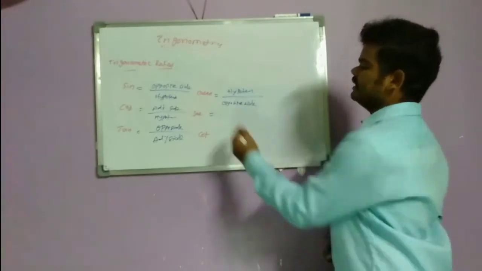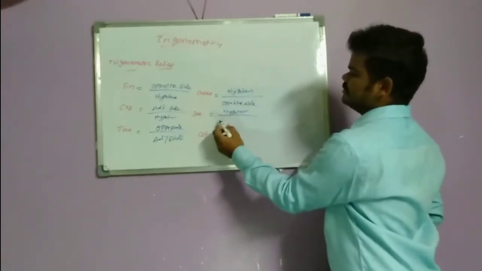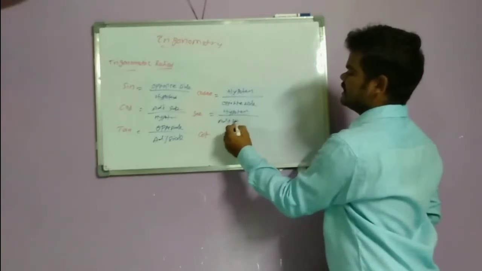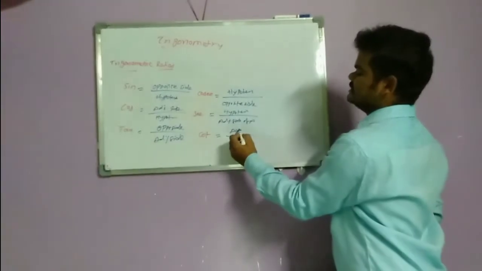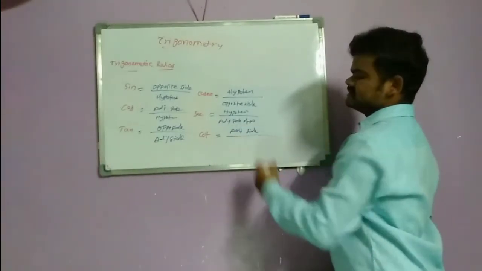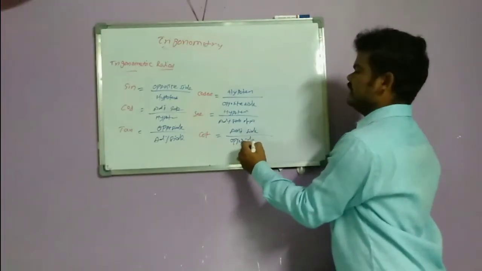Secant can be defined as the length of the hypotenuse by the adjacent side of an angle. Cot can be defined as the adjacent side of an angle by the opposite side of an angle.